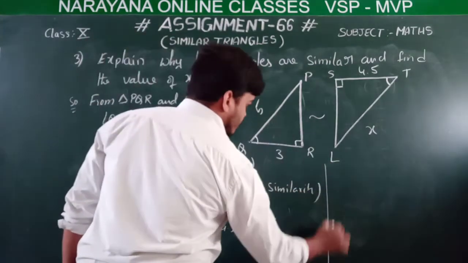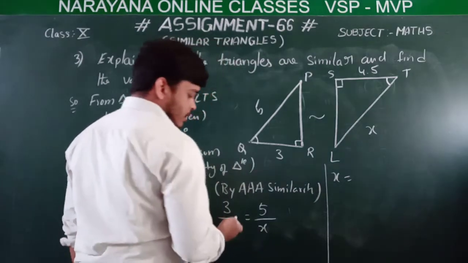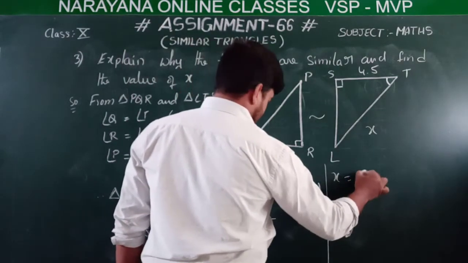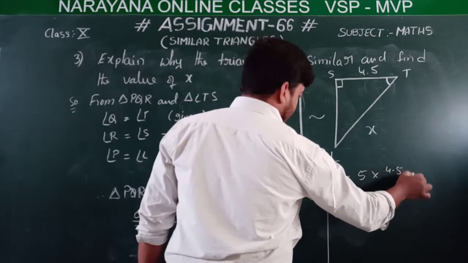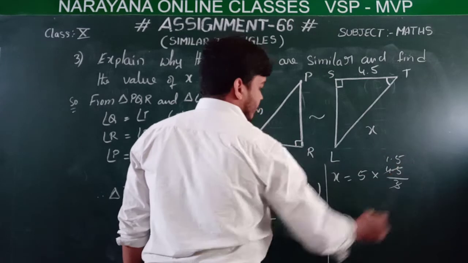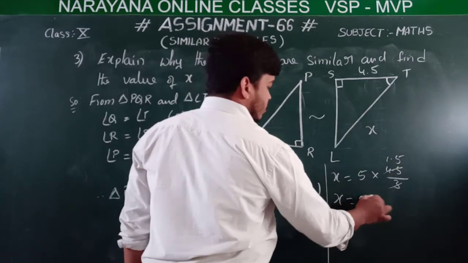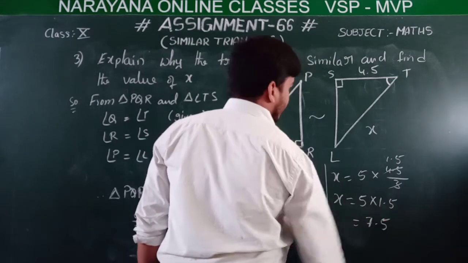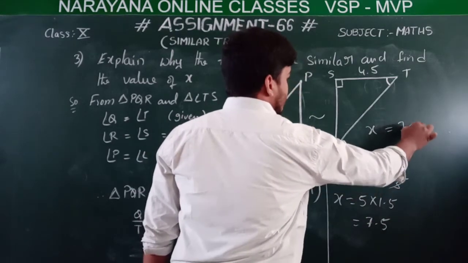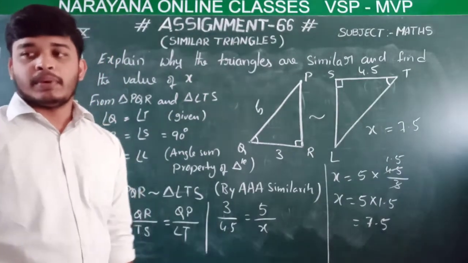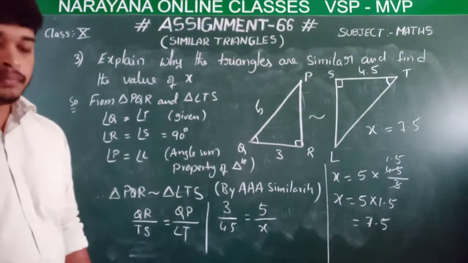Therefore x is equal to 5 into 4.5 by 3. 3 ones are 3, 3 1.5s are 4.5. Therefore x is equal to 5 into 1.5. How much? 7.5. So x value is 7.5. Now coming to the next one.